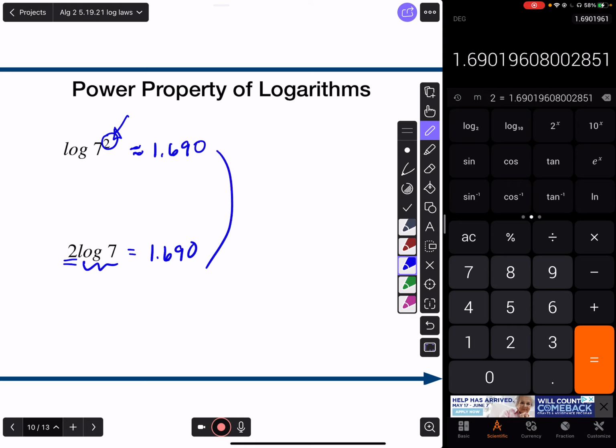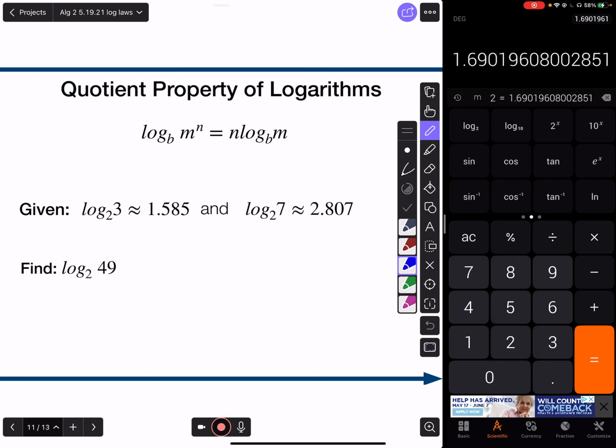So you can see bringing that 2 out front as a factor still gave us the same result, and that is the power property. If you have log base b of something to the m power, you can rewrite it by bringing that exponent out front, making it a factor, and it's an equivalency. The exponent comes out to the front, and you have the same value.